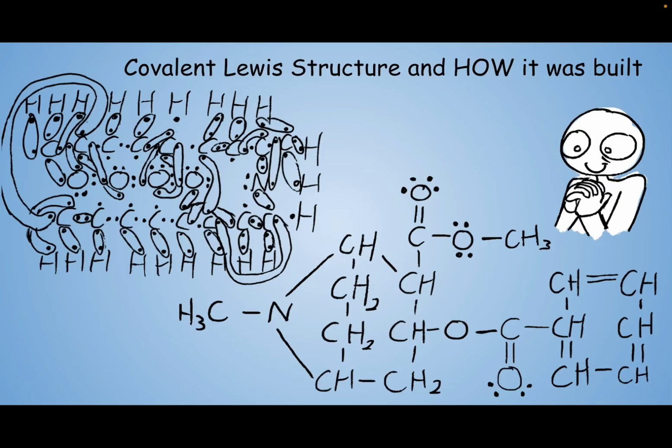Basically, all the hydrogens are just attached to the carbons, because the hydrogens can only bond to one thing because they only have one electron. So instead of just having a bunch of extra H's out there, we're putting them together.